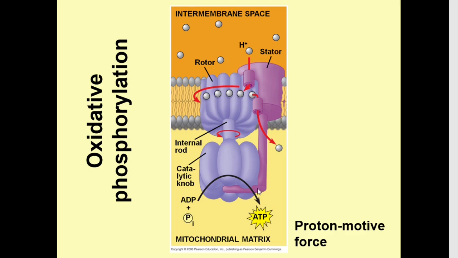What that does is generate enough force to take in ADP and phosphate, and attach that phosphate onto ADP to make ATP. As I mentioned just now, this is often referred to as proton motive force. We're using the force generated by the flow of protons to phosphorylate, to put that third phosphate onto ADP.